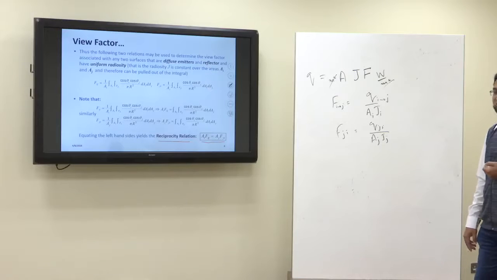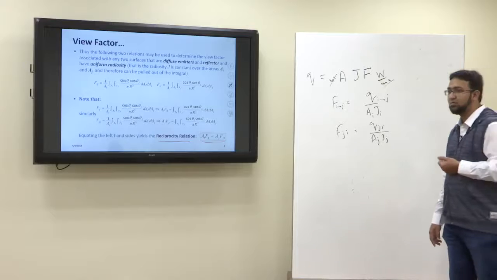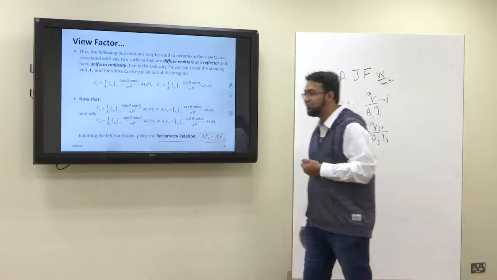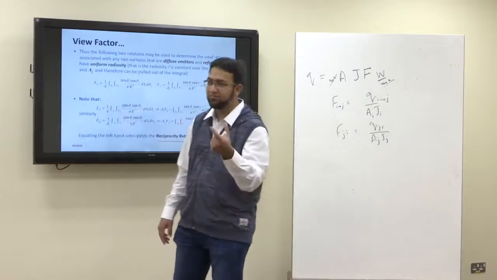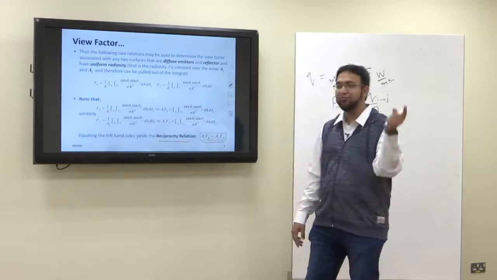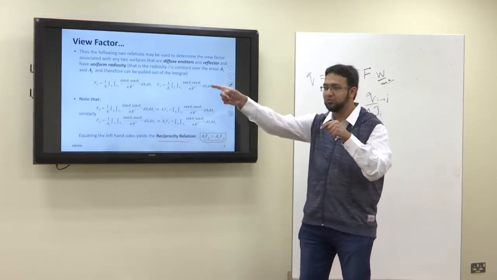It depends on the area: the product of area and view factor of one surface with respect to the other is the same.